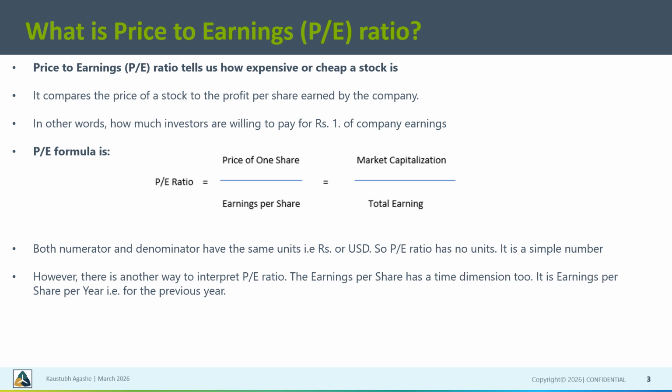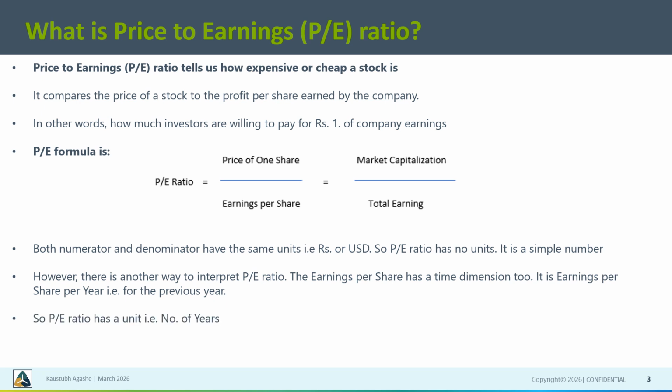However, there is another way to interpret price to earnings ratio. Here the earnings per share has a time dimension as well. When we say earnings per share, it is usually earnings per share per year. Now if you take that into account, the unit of P/E ratio becomes number of years, and that is the interpretation I'm going to explain.